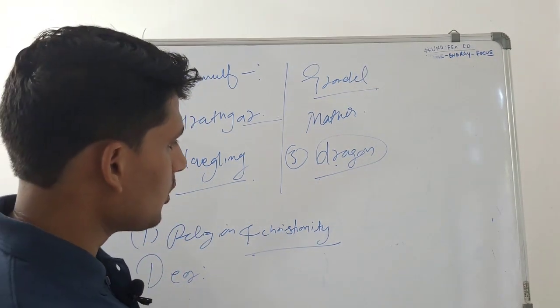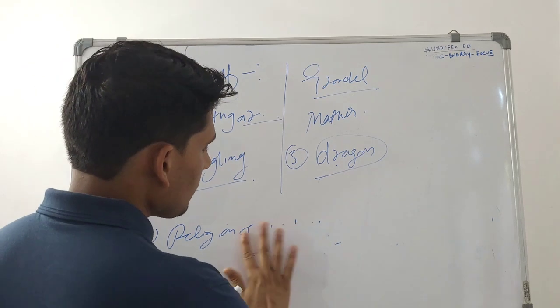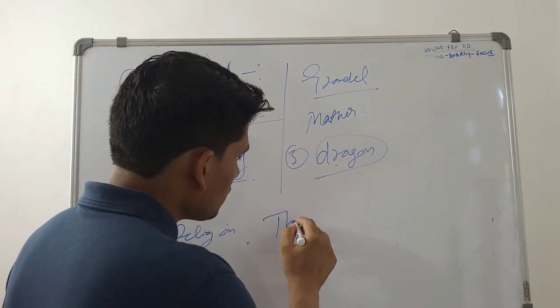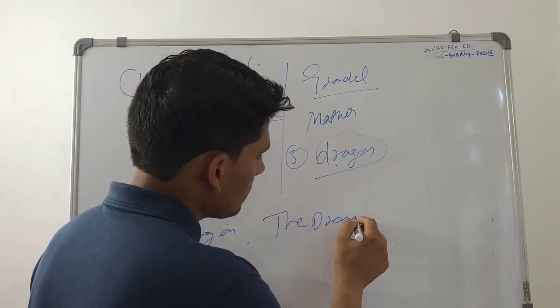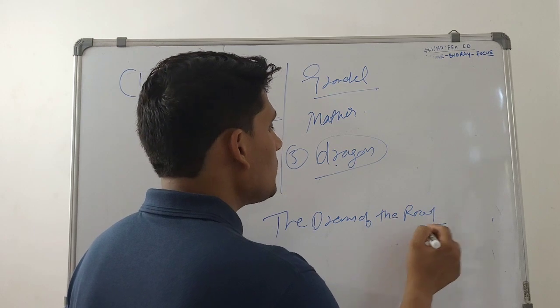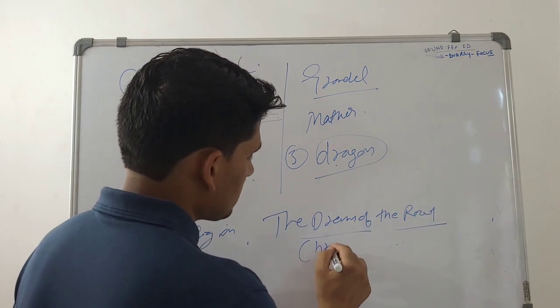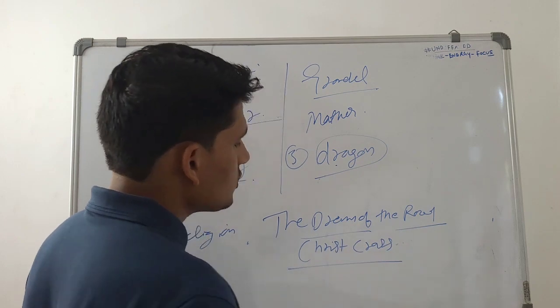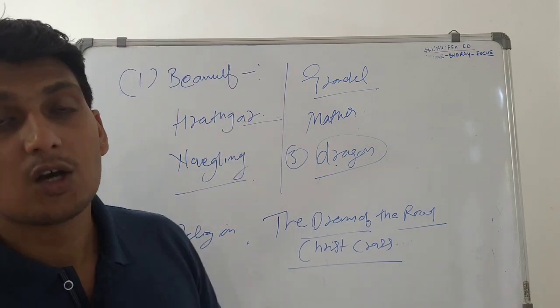Then we have the other poem, which is The Dream of the Rood. The rood means Christ's cross.